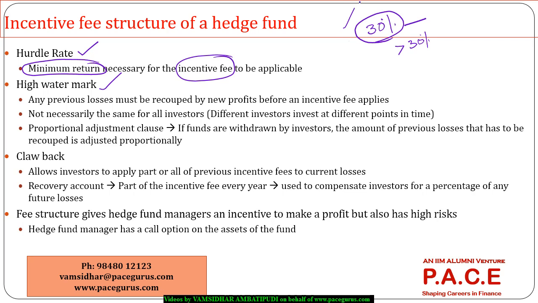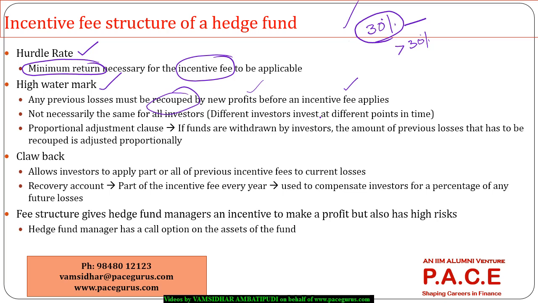First, these losses have to be completely overcome, and only after these losses have been overcome or recouped, and anything that is above those losses, which means the new profits that have been generated, they should cover all the previous losses that have come, and only after that the incentive fee will come into the picture. That is the watermark provision.